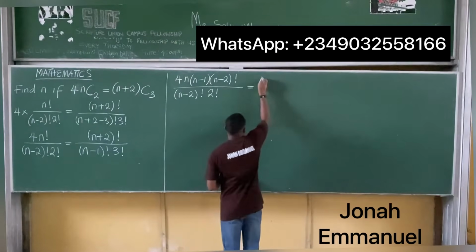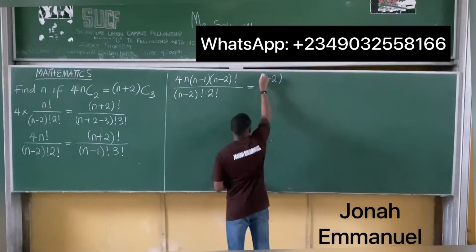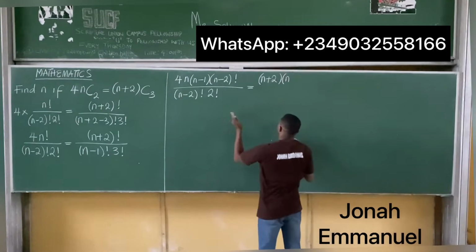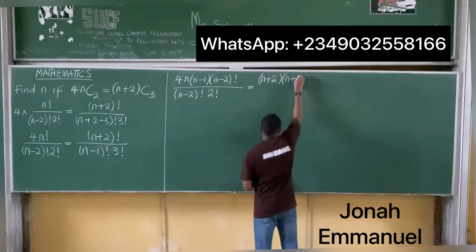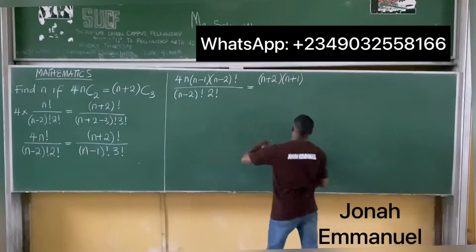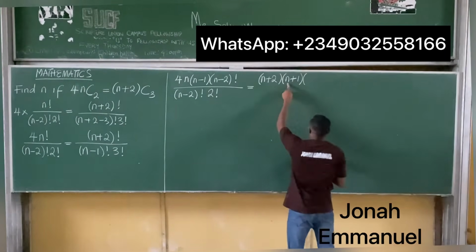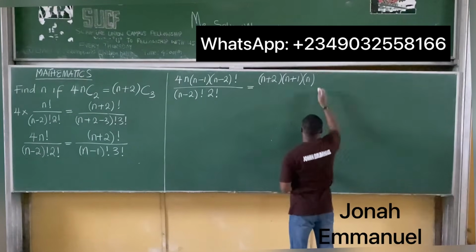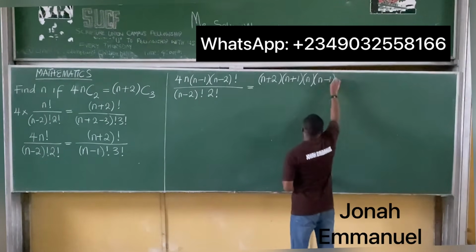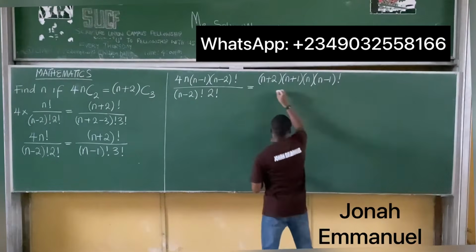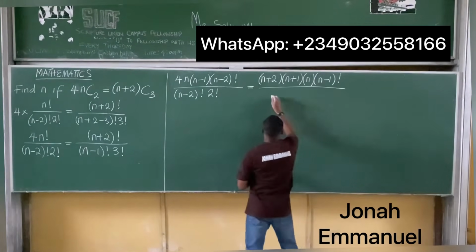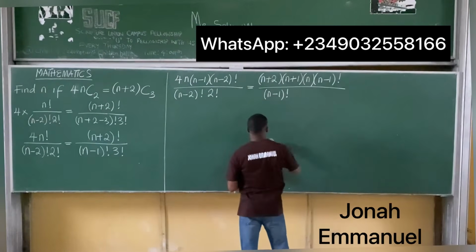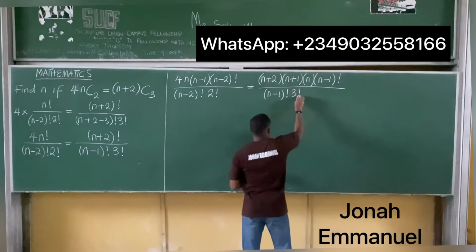So that will be n plus 2 first, subtract 1, it becomes n plus 2 minus 1, which is n plus 1. Subtract 1 again, it becomes n plus 1 minus 1, that's n. Subtract 1 again, it becomes n minus 1 factorial all over n minus 1 factorial, and then 3 factorial.